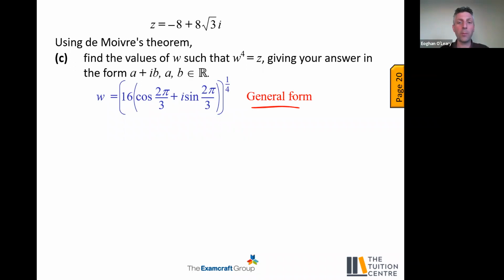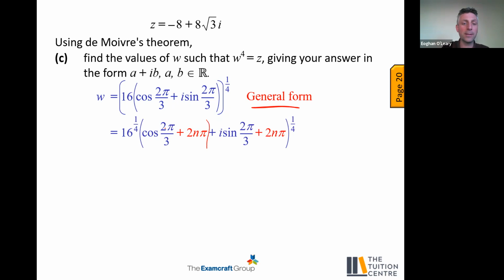And so the general form involves adding 360 times n, a full rotation around the circle of 360, or a full rotation, if you want to do it in radian measures, of 2 pi times n. So 2 pi is the same as 360. So I'm going to be adding on my 2 pi times n.